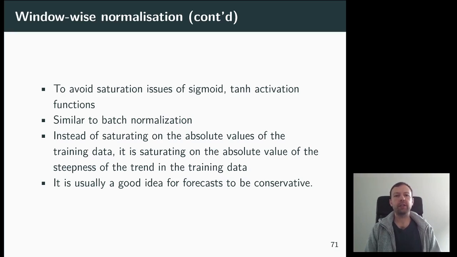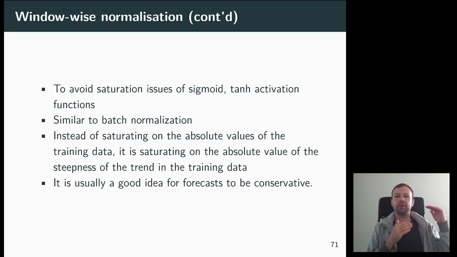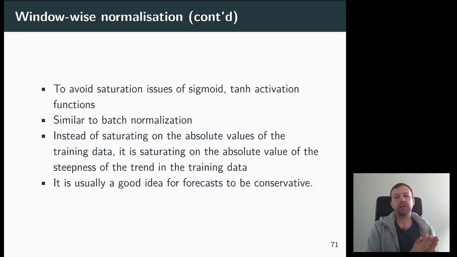And what you achieve with that is that instead of saturating just on the absolute values of the training data, like if you go above 60, you just have never seen that, now you're saturating on the absolute value of the steepness of the trend in the training data. So that means your model is not going to model any trend that is steeper than what you've seen in the training data.